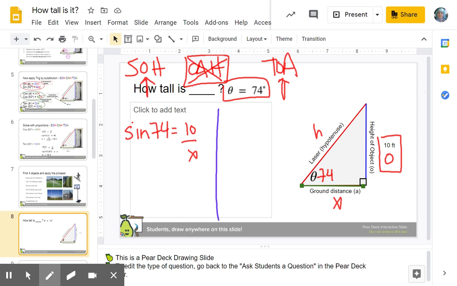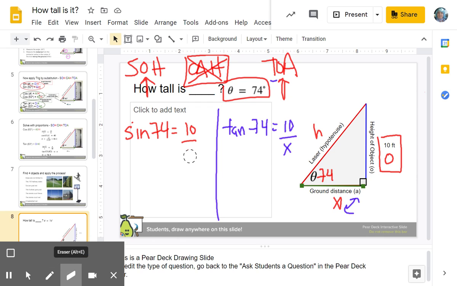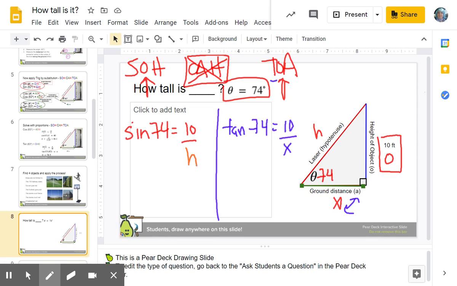And then my tangent, right, is going to be tangent, again, of the angle, 74, equals O over A, which was X, right? A and X are the same thing. Oh, and this should be an H. So we got to cross multiply.